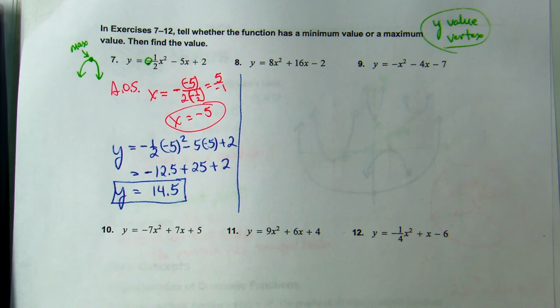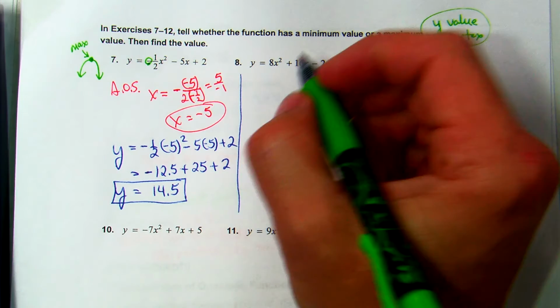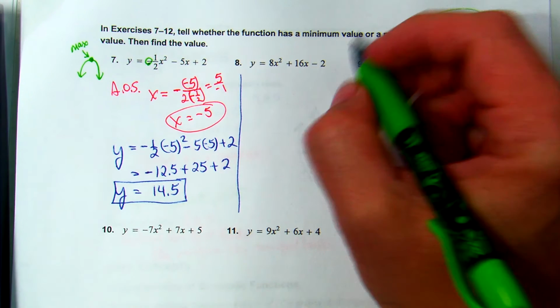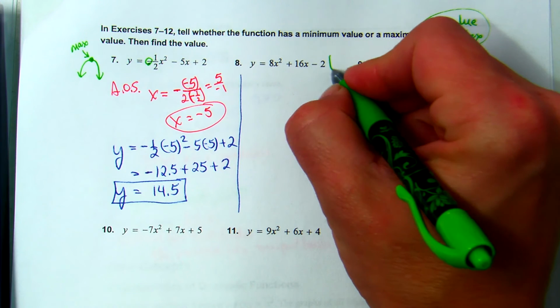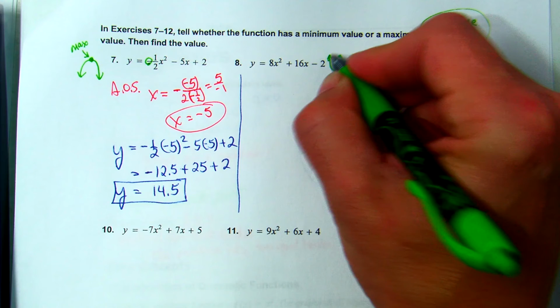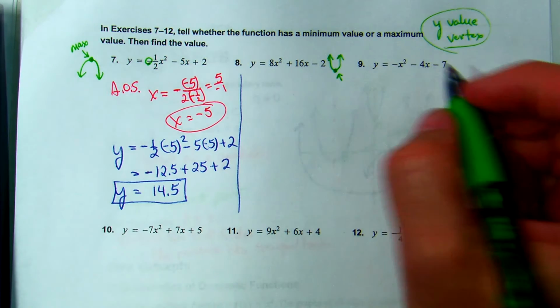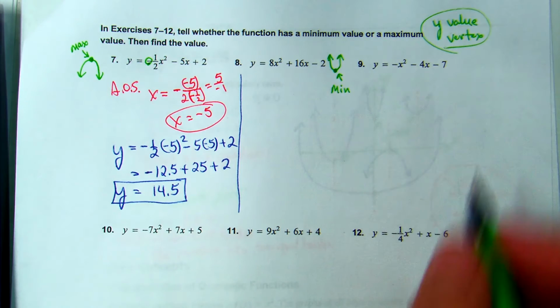Number 8, this has a positive. So this graph is going to open up or down? Up. All right, so if that opens up, then this is a min, or a minimum.